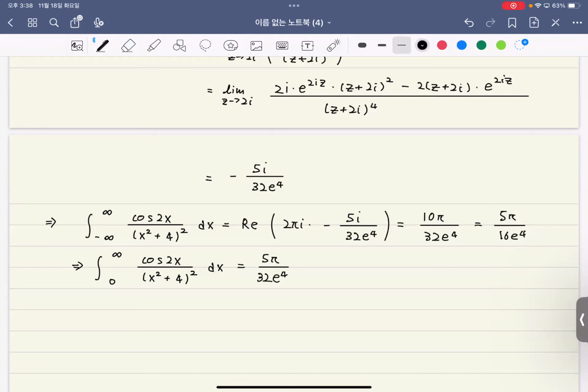Okay, great. And we have a couple more examples for this residue integration. Today we also want to discuss another kind of improper integral. When we were in the single variable calculus course, we already learned there are two types of improper integrals. The first type is where the integrand is bounded, but the interval is unbounded.